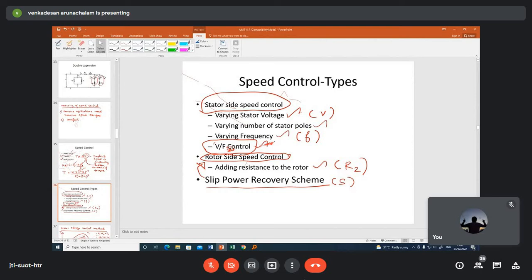One, varying magnitude of the voltage, that is stator voltage control method. So here stator voltage control method is nothing but varying the magnitude of the stator voltage.